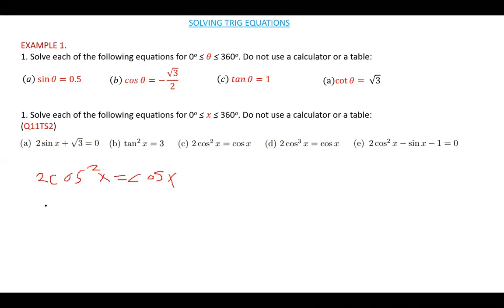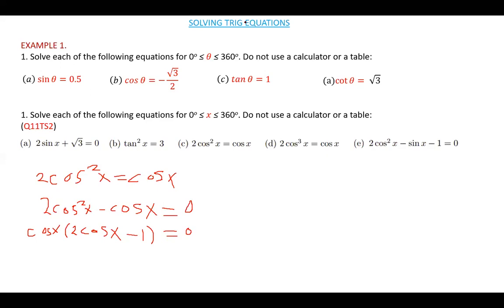So you move on to the next question, which is 2 cos squared x is equal to cos x. You first take the cos x to the other side of the equal sign, and then you factor out. When you factorize there, you're going to have cos x, and then open brackets, 2 cos x minus 1 is equal to 0.